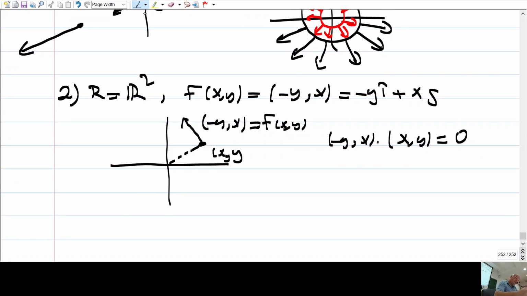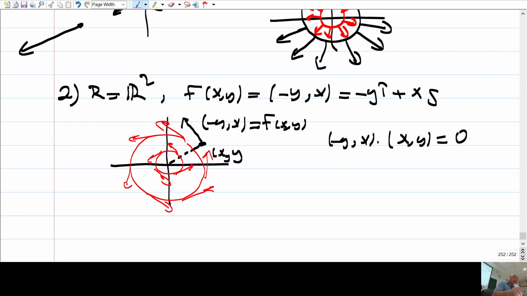This time, these vector fields are tangent to this circle, okay? And as the radius gets larger, the vector field gets larger.